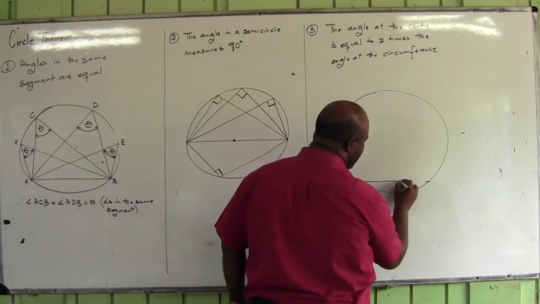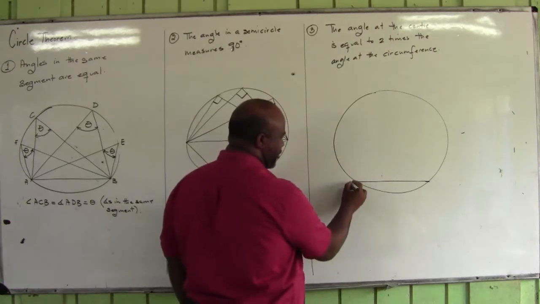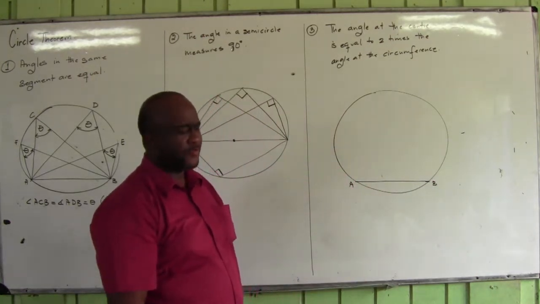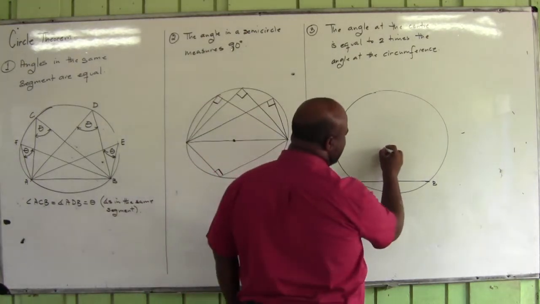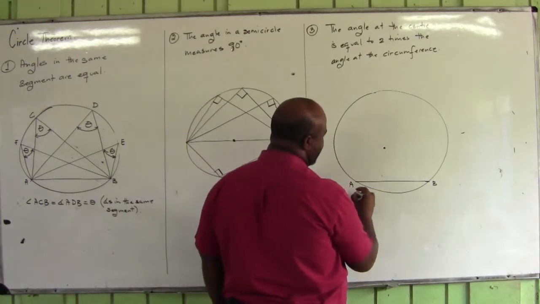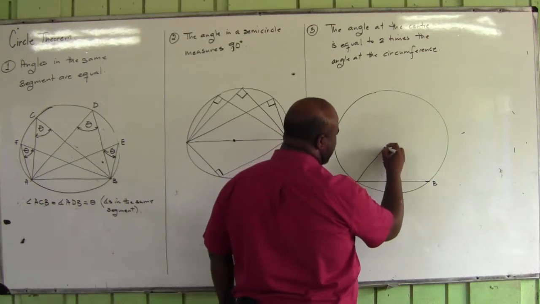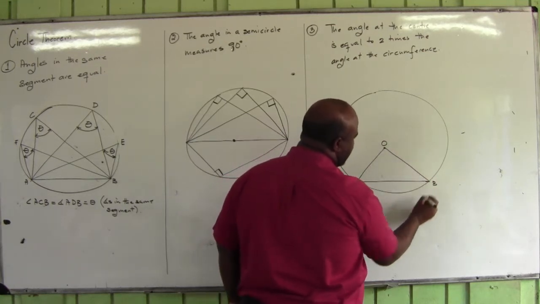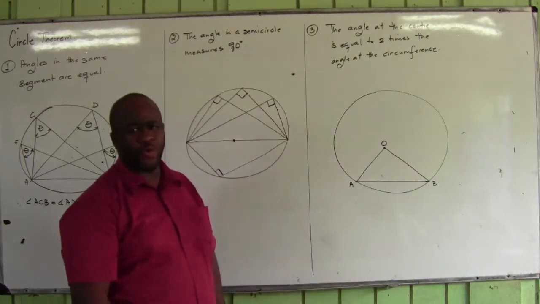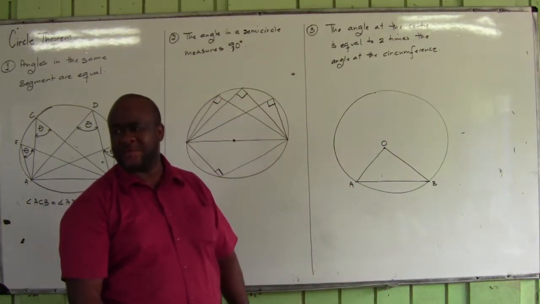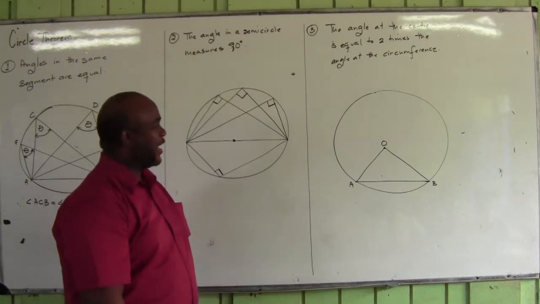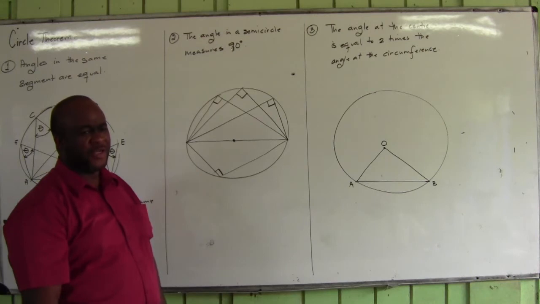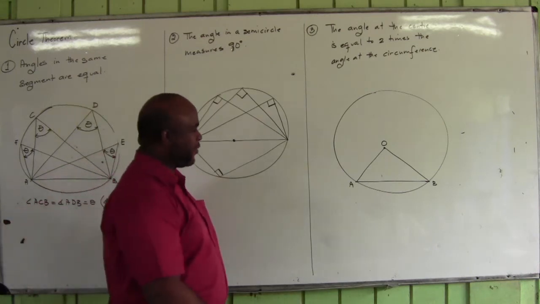Alright, let's draw a little chord. You don't even have to. But AB is a chord. This is the center of the circle. So let's say the center of the circle is O. So angle AOB is an angle that is formed at the center of the circle. Alright, let's form an angle.